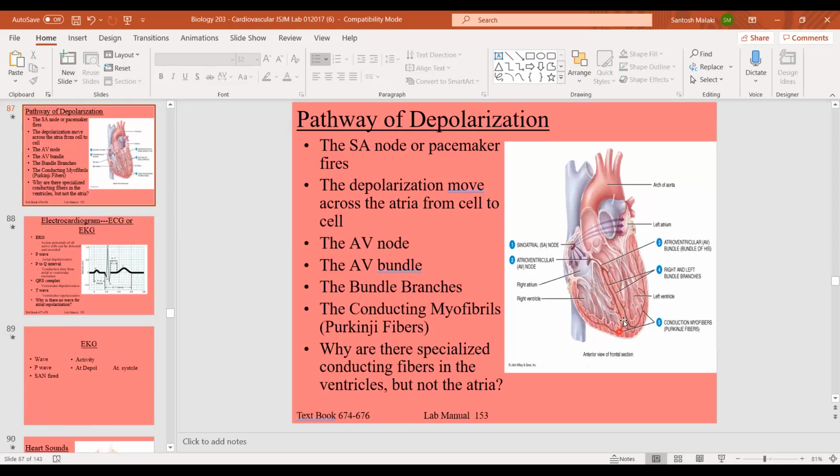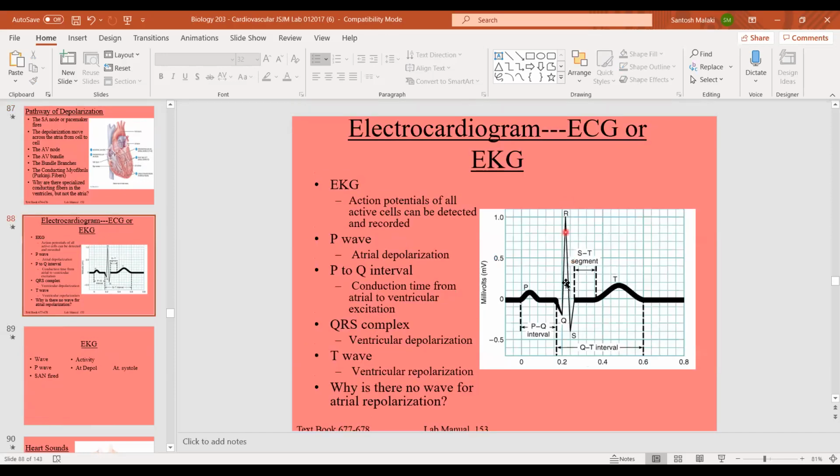You see how thick the walls of the ventricles are? Therefore, it has more electrical activity, so it shows up with a large deflection. Then you notice it ends, it goes into a period of quietness, and then you get the T wave. The T wave is a smaller deflection of electrical activity.